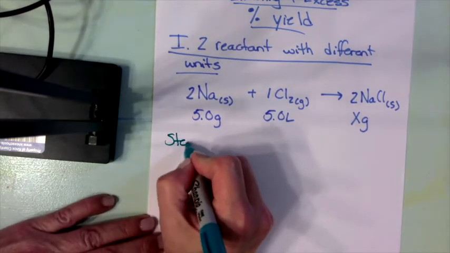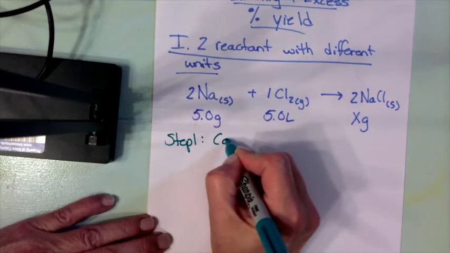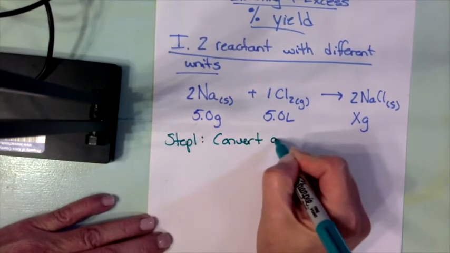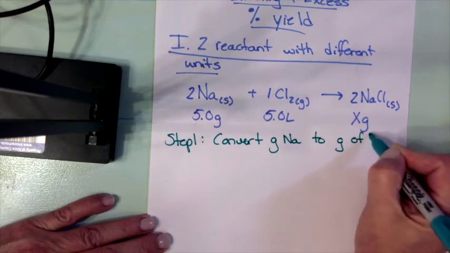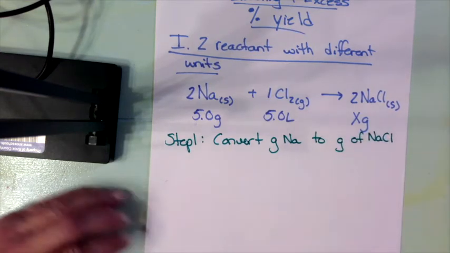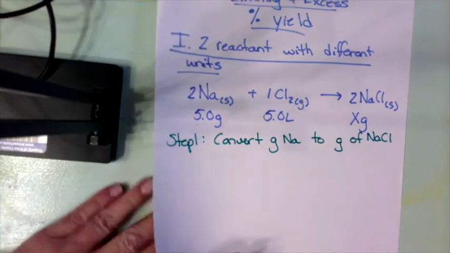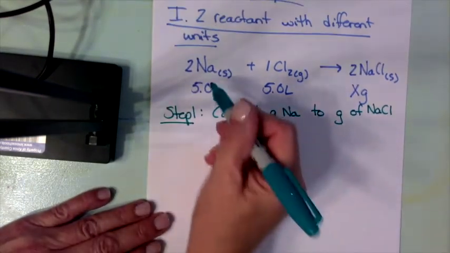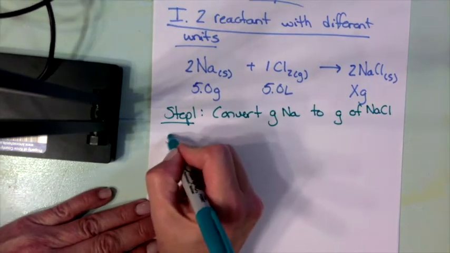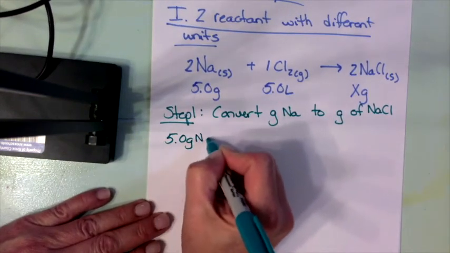So step number 1 is we're going to convert grams of Na to grams of NaCl. Remember, on our mole island map, this means that we are going to have to do a 3-step process for converting. So we're going to always start with the number that we're given. So we have 5.0 grams of Na.